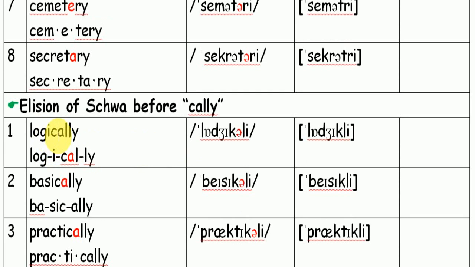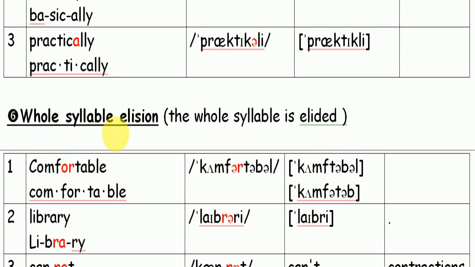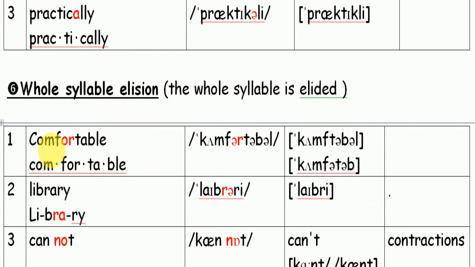Logically. And instead of saying logically, we say logically. So logically, basically, practically. The whole syllable is elided. Comfortable, here we have two ways, comfortable or comfortable.